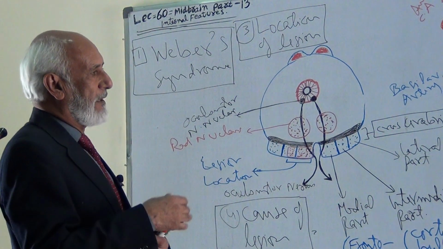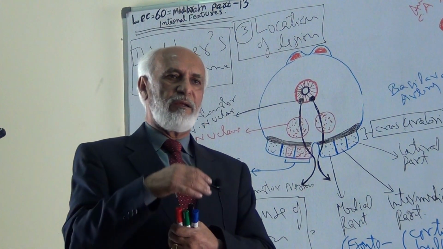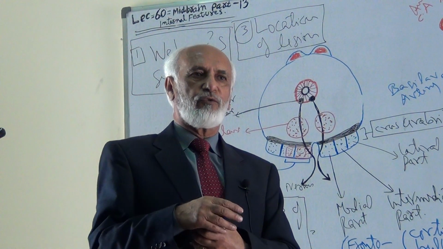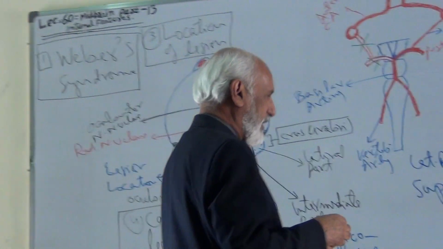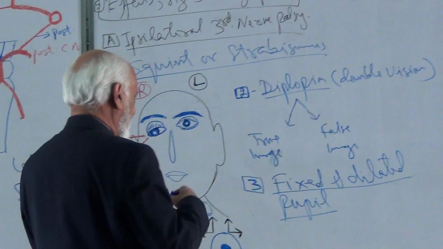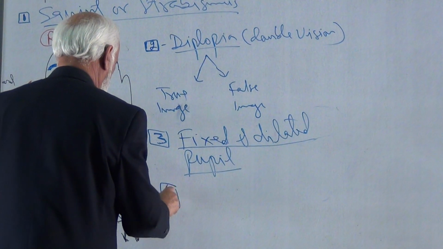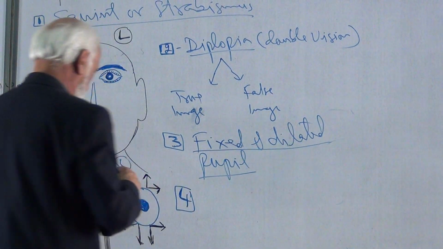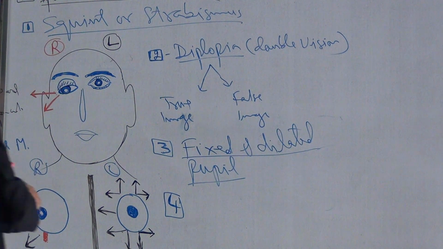But because the sympathetic nerves which supply the dilator pupillae are intact, the pupil will be dilated and it will be fixed. So fixed dilated pupil is another very important feature of oculomotor nerve palsy. Next, it will result in partial ptosis.